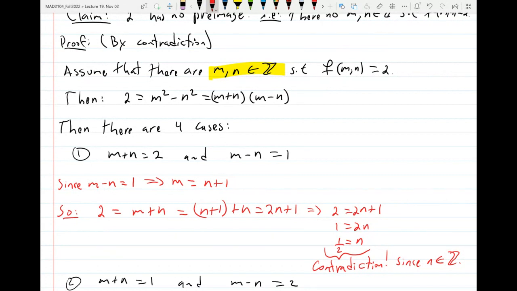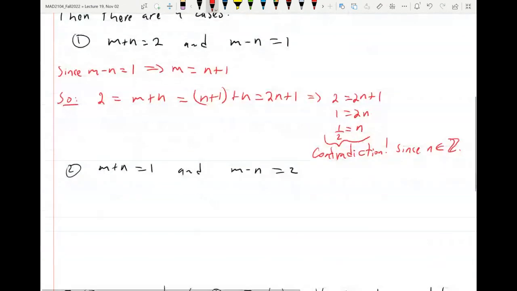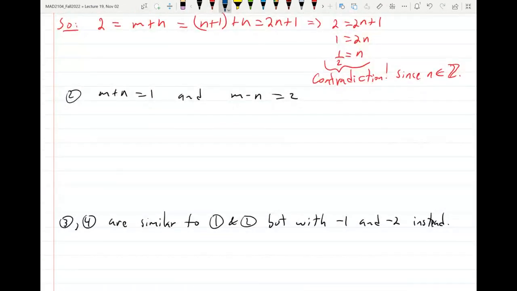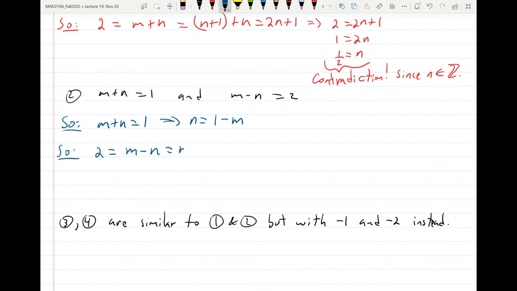Oh, well, maybe it's the other way around, right? Maybe this is the one that's equal to 1 and this one is 2. Okay? But we're gonna play the same game. The second case, then, we have that m plus n is equal to 1. That means that n is 1 minus m. Okay? So 2 equals m minus n, which is m minus 1 minus m, which is m minus 1 plus m.